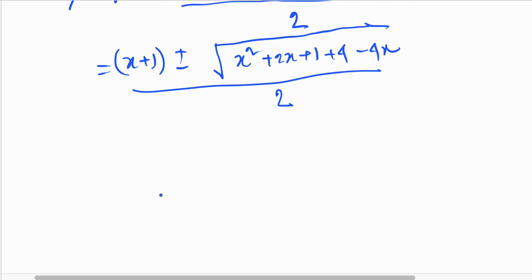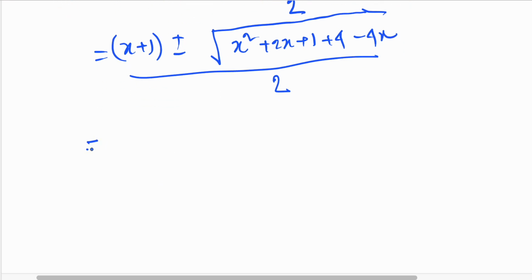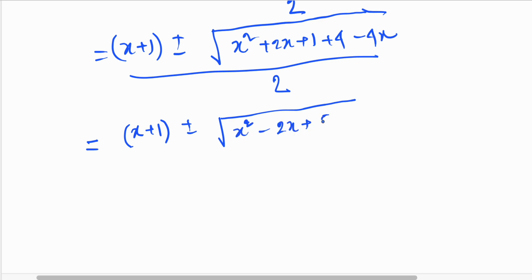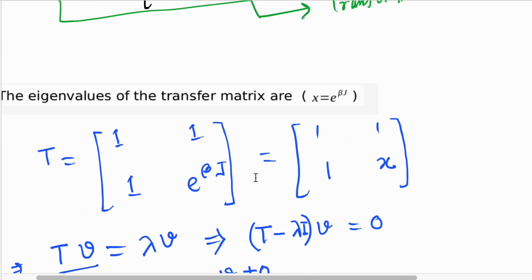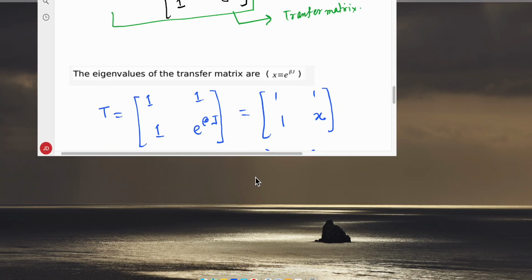So this becomes (x plus 1) plus or minus the square root of (x squared minus 2x plus 5), by 2. These are the two eigenvalues of this matrix.